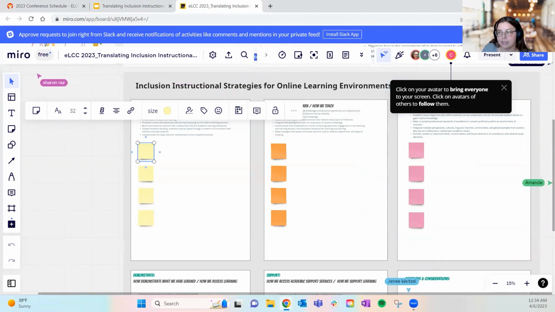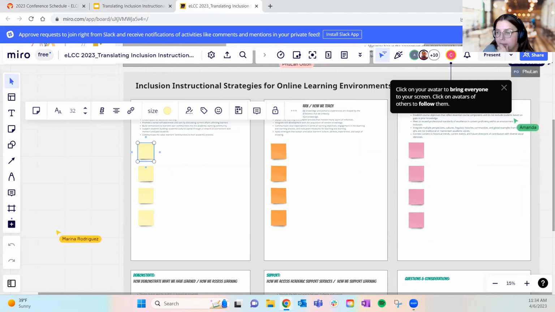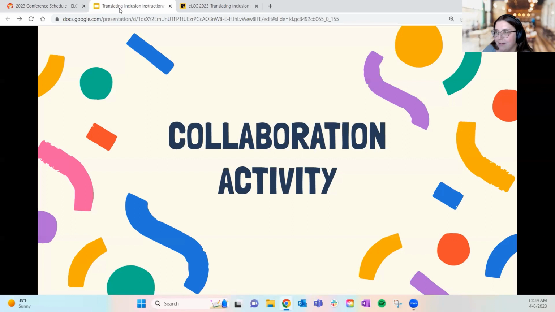Feel free to use that for brainstorming as well. Oh, thank you, Jesse. So that link is now in the chat if you have it. I'm going to stop sharing that Miro board specifically and give people a chance to work on it, and then we'll come back and look at it together.